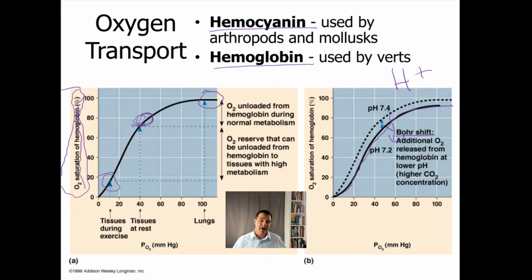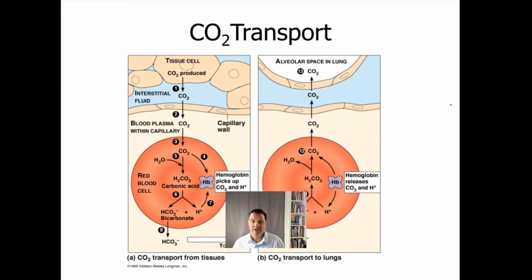If you're running, for example, then as your blood's circulating, you end up delivering more oxygen to your leg muscles because the oxygen is more likely to come off wherever you have a lower pH, which is what happens in exercising muscles.